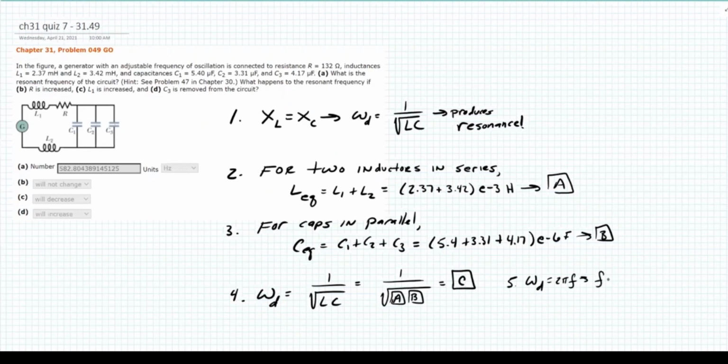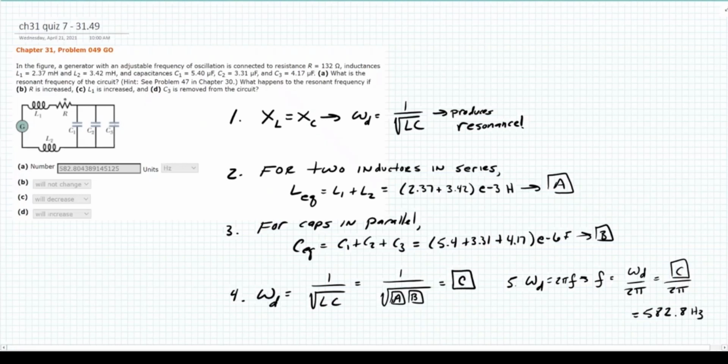That means f is going to equal omega over 2 pi, or calculator memory location C divided by 2 pi. 582 and some change. So there's the numerical answer. This is my magical resonant frequency. If I can drive my EMF at this frequency, I will get resonance, which is the happiest place to be.